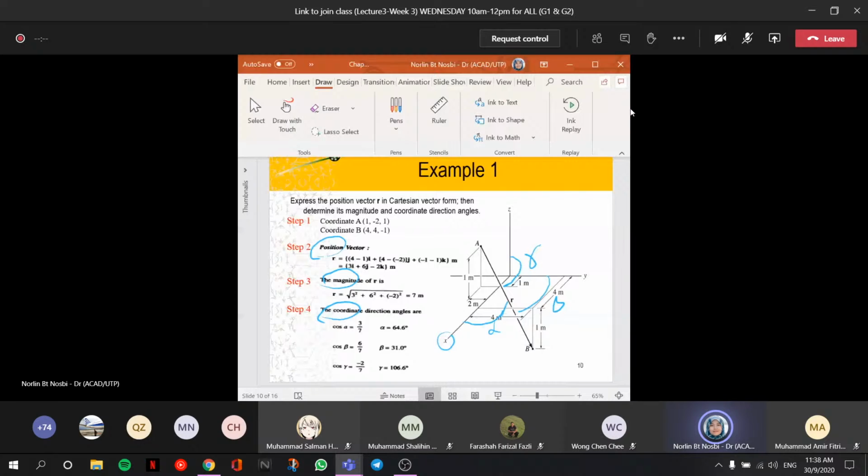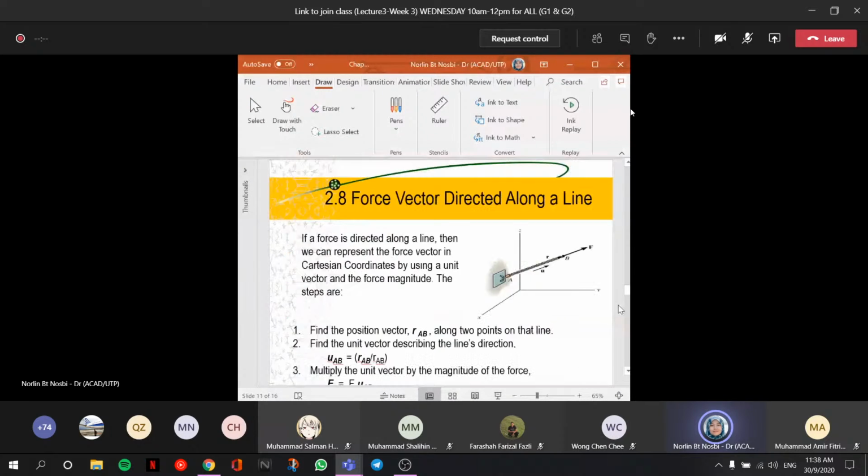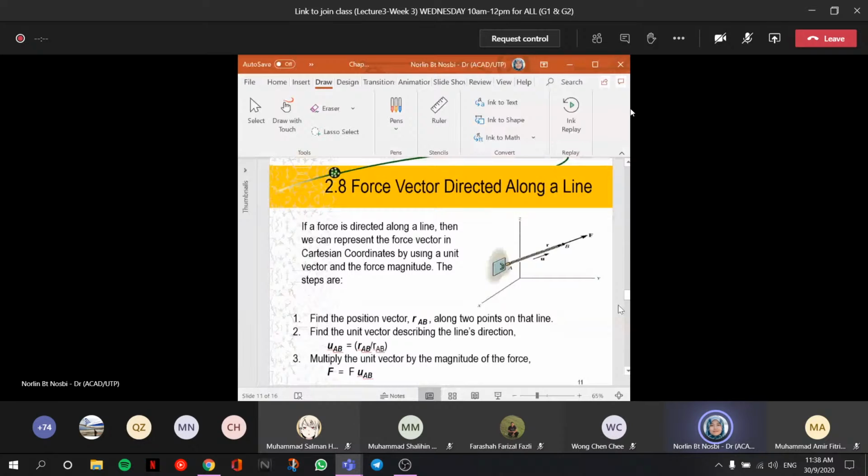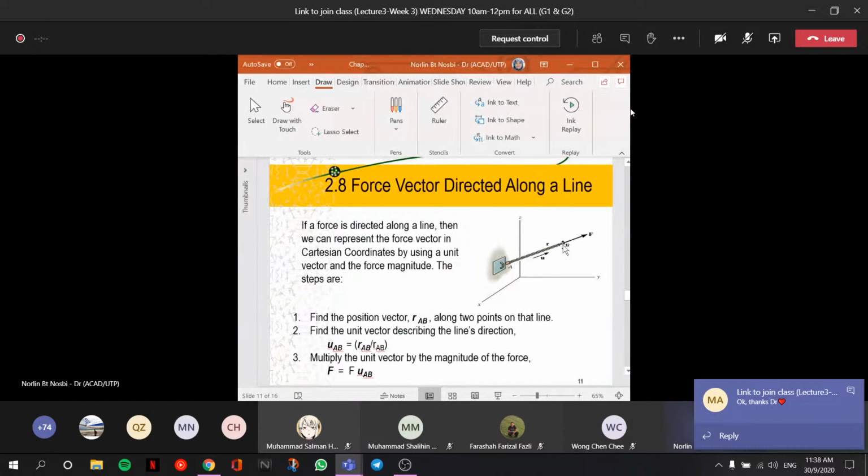Okay. Now let us look at the force vector directed along a line. If the force vector is directed along a line, the force is the magnitude times the unit vector. So you can write it as F equals F times the unit vector.